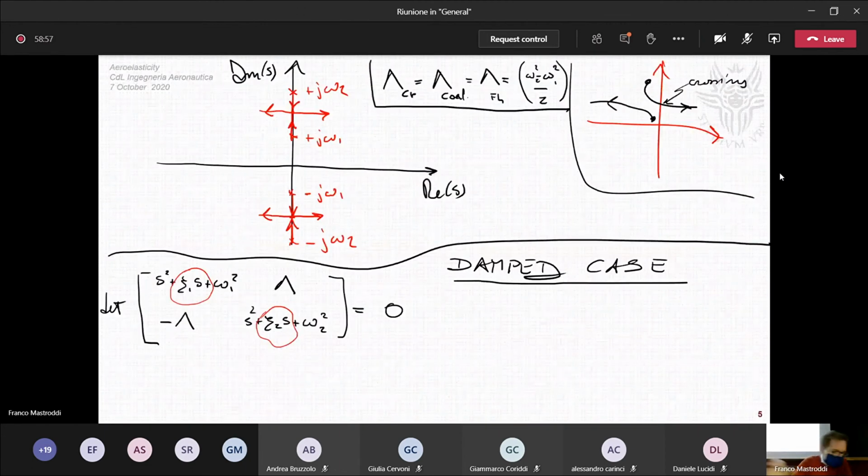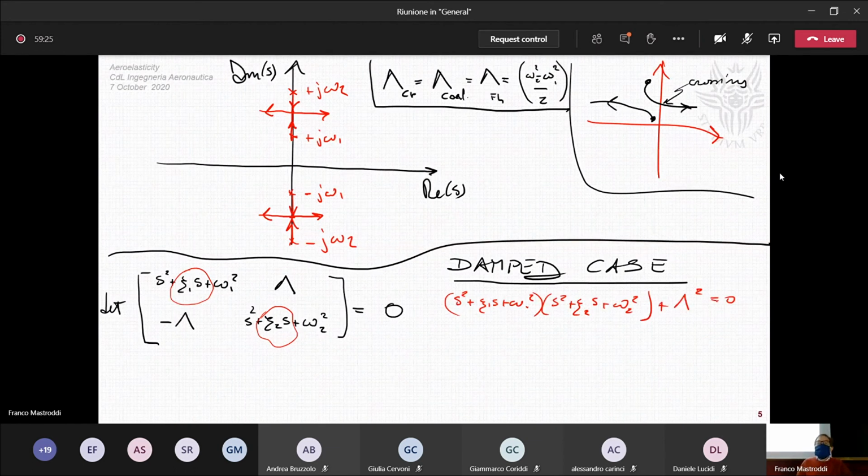We can study the characteristic equation, and we have the following fourth order polynomial. We have s squared plus zeta 1 s plus omega 1 squared, multiplied by s squared plus zeta 2 s plus omega 2 squared, plus lambda squared equal to 0.